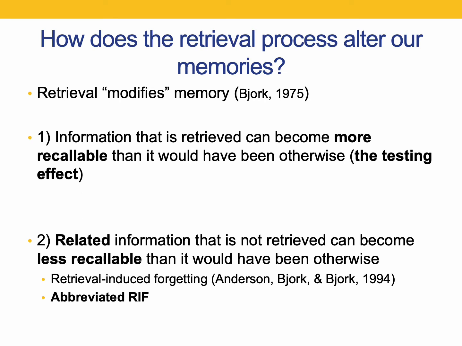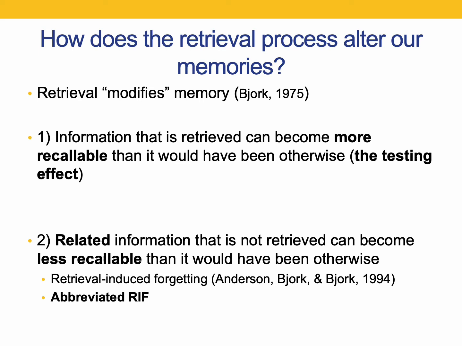Now let's shift things a bit and talk about the perils of memory retrieval, right? So just like I've hinted at, right? While retrieved information gets stronger in memory, information that is not retrieved gets weaker, okay?